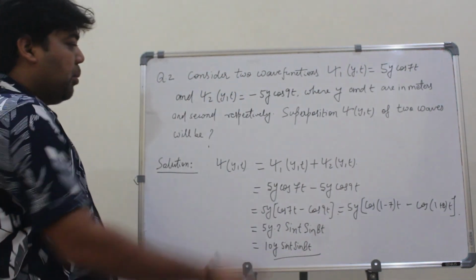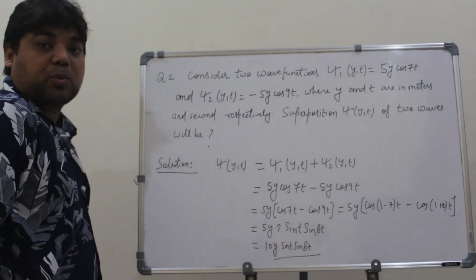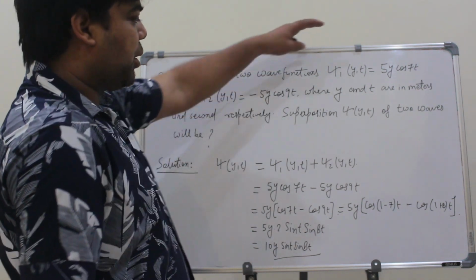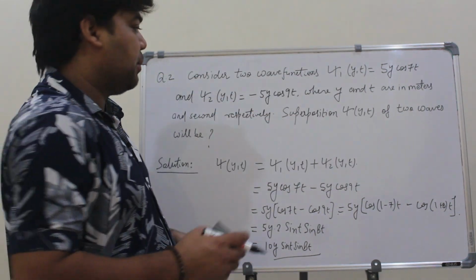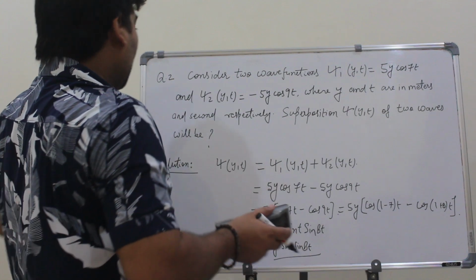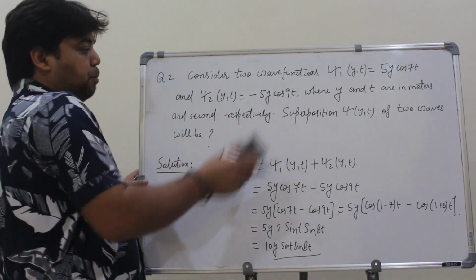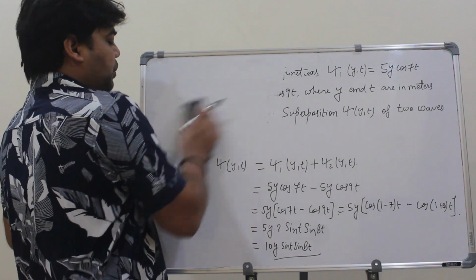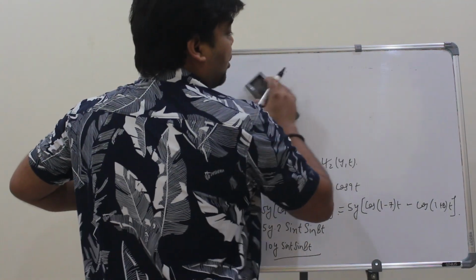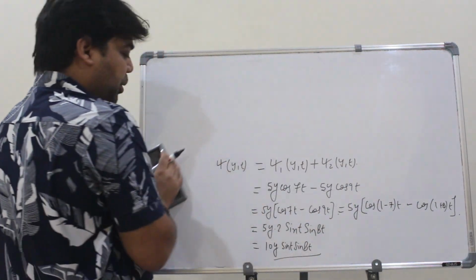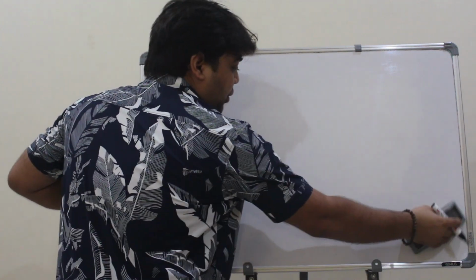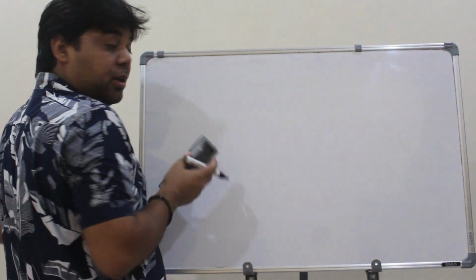So this is another problem. You see how we can calculate a superposition when no information regarding their overlap or any relation between the two waves is given. Now we will see another problem. These are simple problems based on what we call modern physics, which is the beginning of quantum mechanics.